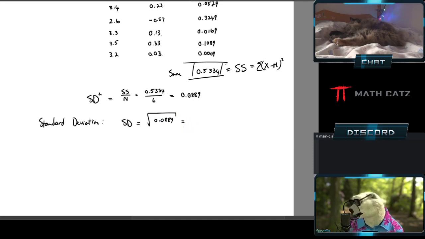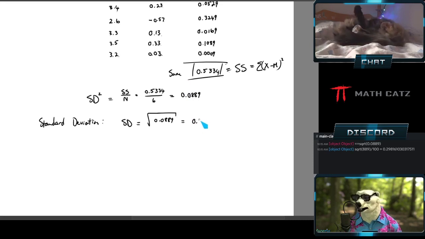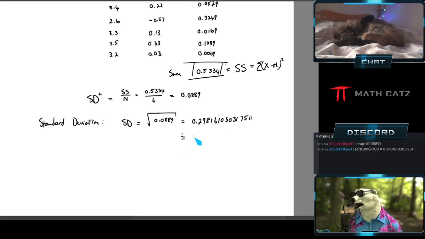Just be aware of rounding. Square root has this function in MathBot, 0.0889. That is going to be a longer one for sure. I'm going to write down the whole thing, because this is our first example, just to illustrate. But because this is a final answer, I can round to two decimal places and say 0.30.